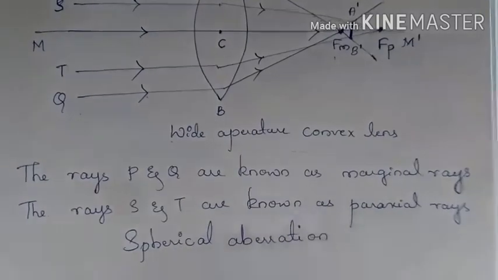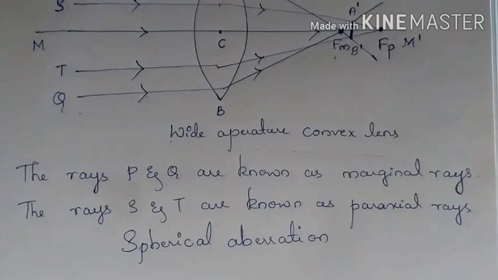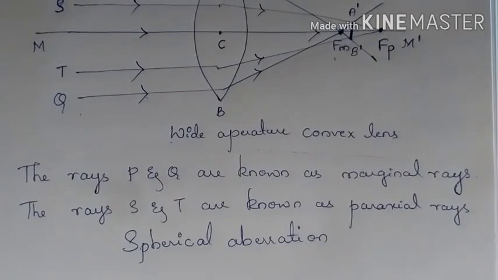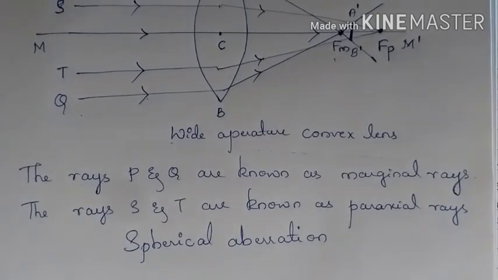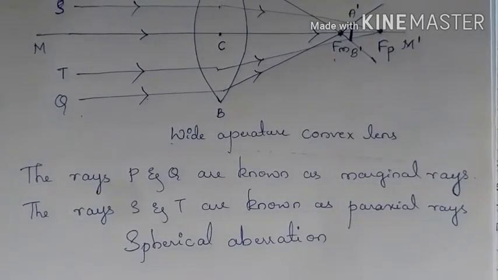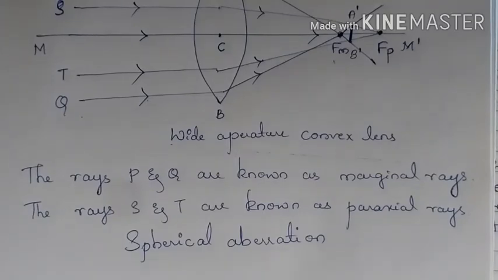So what does spherical aberration mean? Spherical aberration means the defect in a lens due to variation of focal length for different portions of a wide aperture lens. So we have learnt what spherical aberration is.